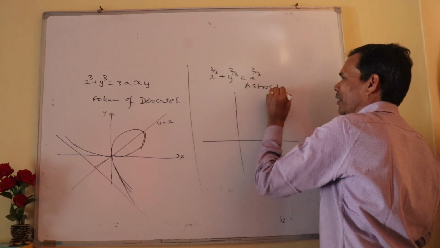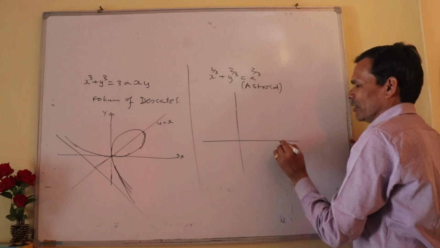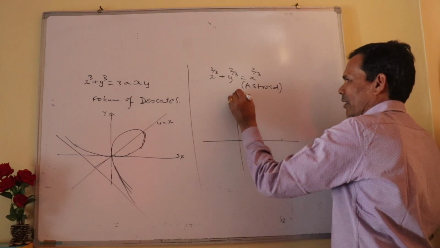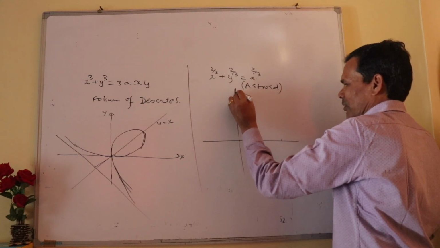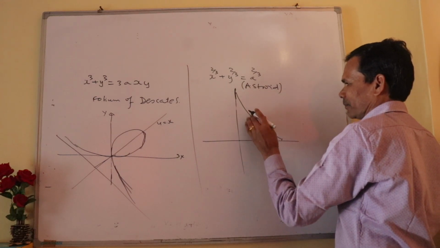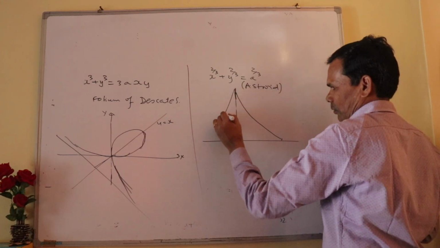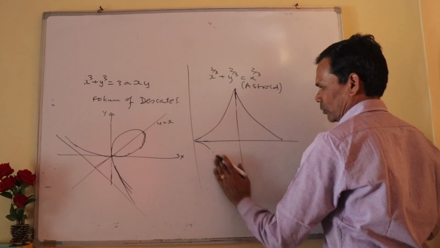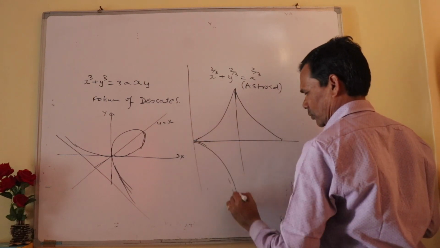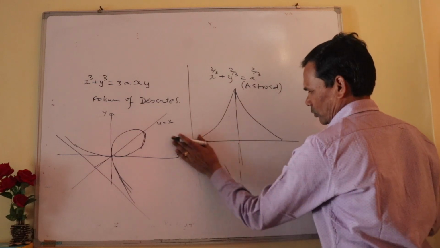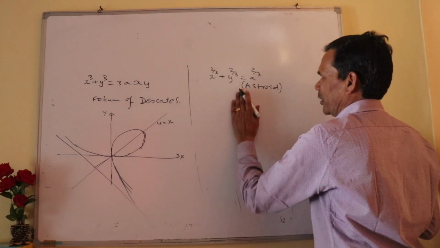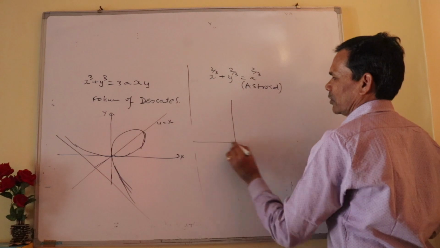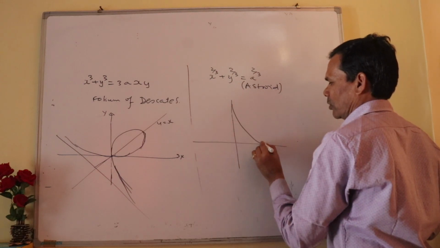It is something like this, it seems to be a star. I draw it again. So it is something like this curve.